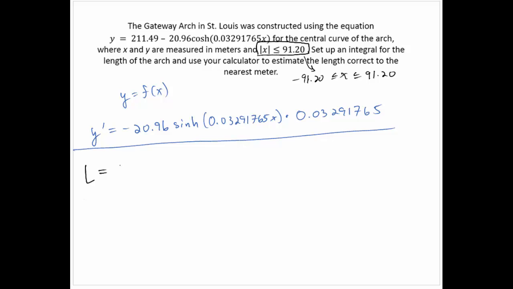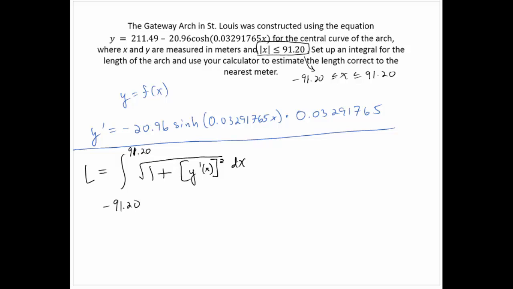So I will set up my integral to go from negative 91.20 to positive 91.20. And for the integrand, I would have the square root of 1 plus, and I'm just going to write the y prime of x squared dx. All right, I've got that y prime from earlier.